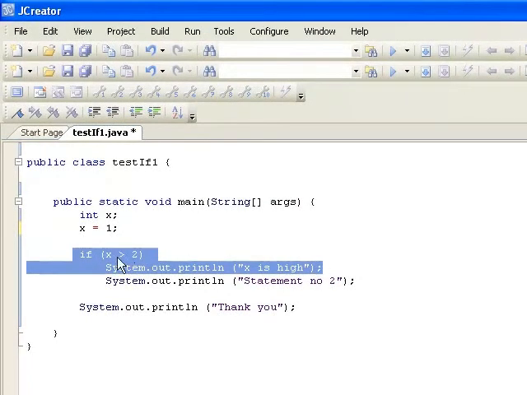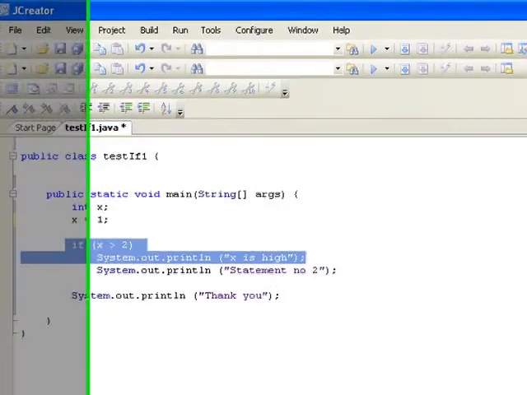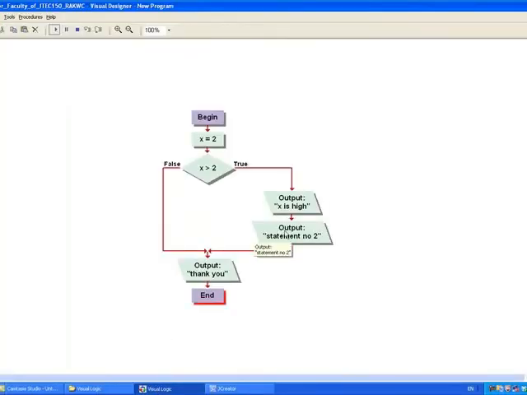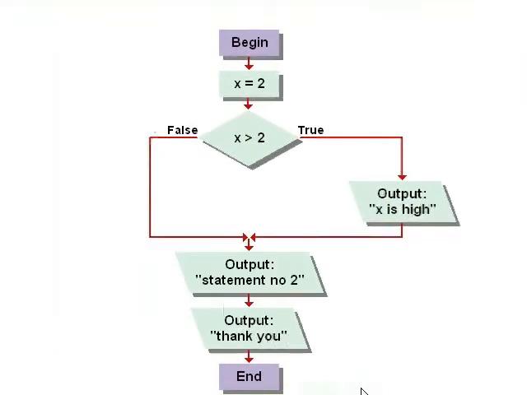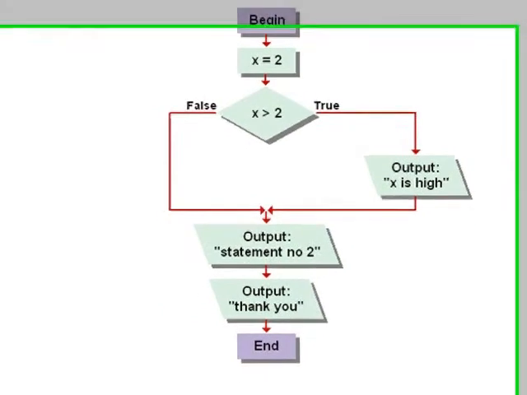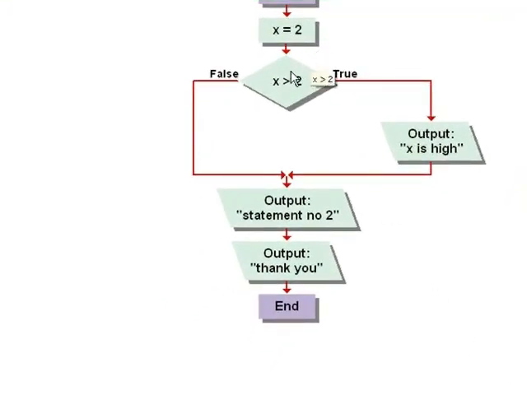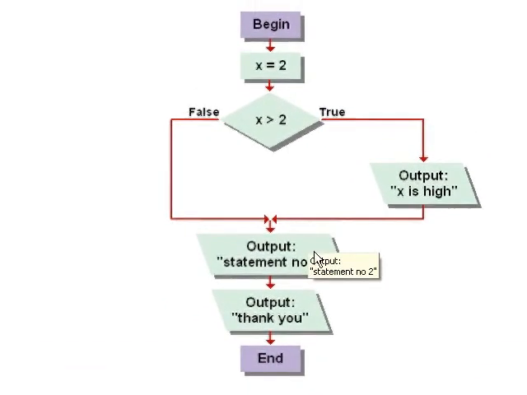So if it is true, it will do this, then this is normal, comes with everything at the end. So how does it look? It looks like this one is here. This means if we run it and it is true, it will go through this and this. But if it is false, it will go through this and this only.